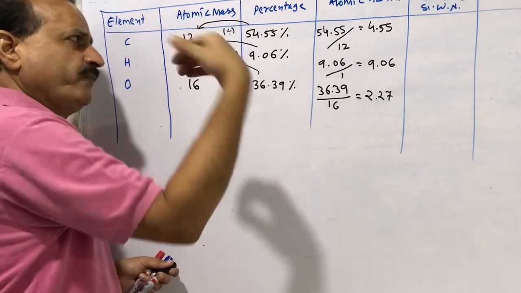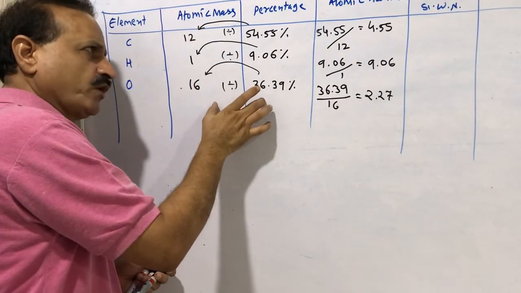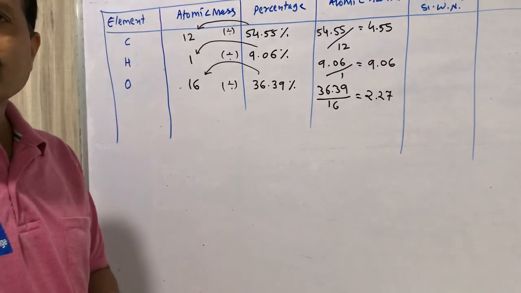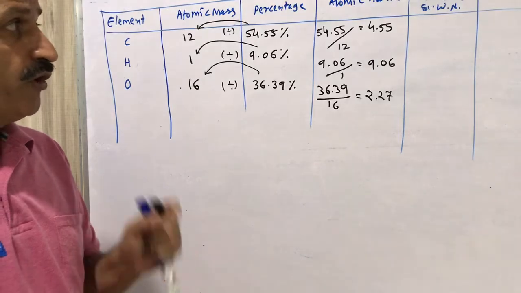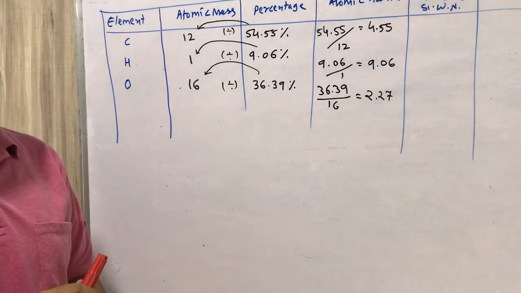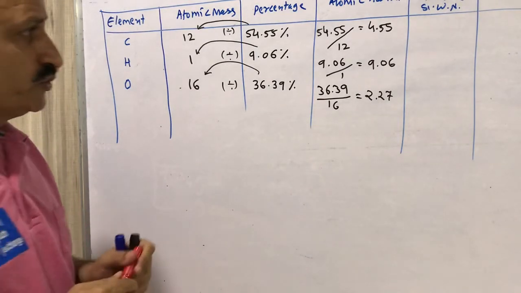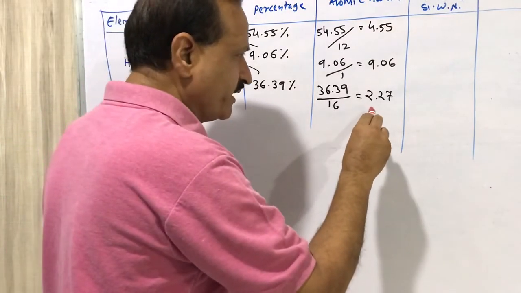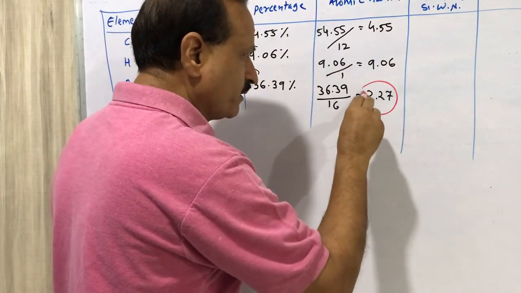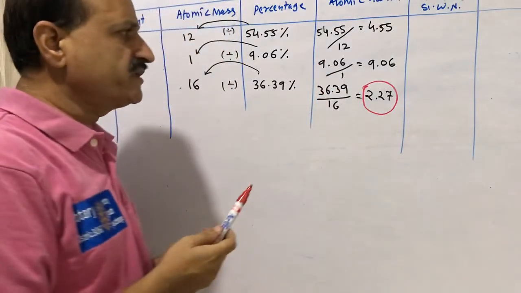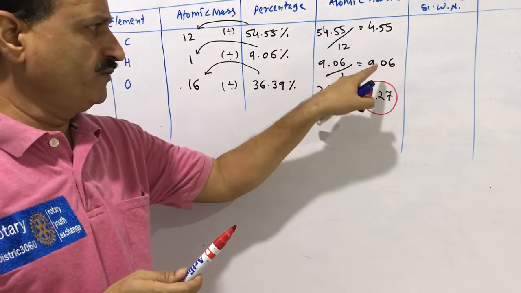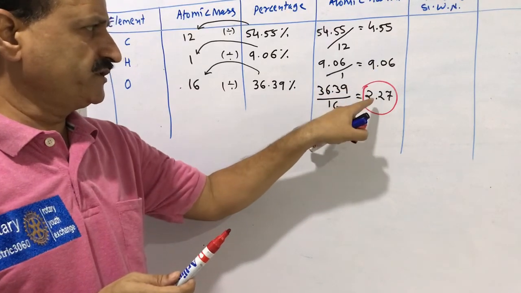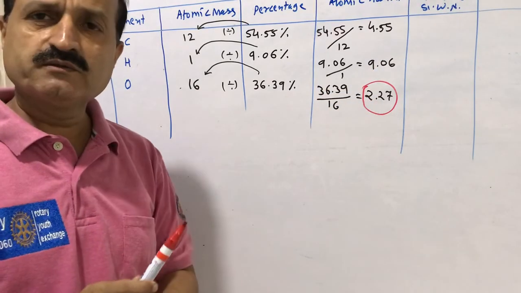The fourth column will be filled with the help of these two columns. Now, how can we find the ratio of simple whole number? You have to choose the smallest number among these three values. The first value is 4.55, then 9.06 and 2.27.